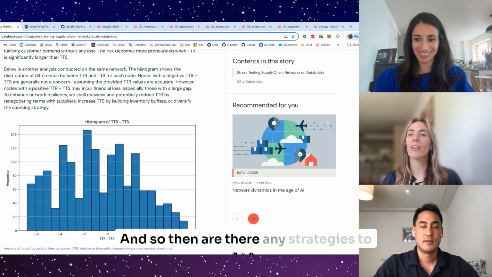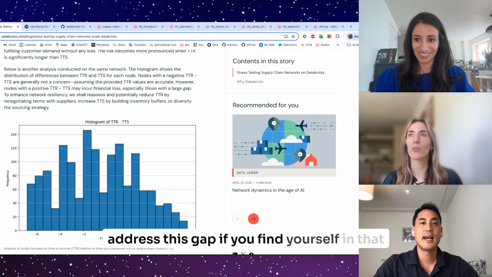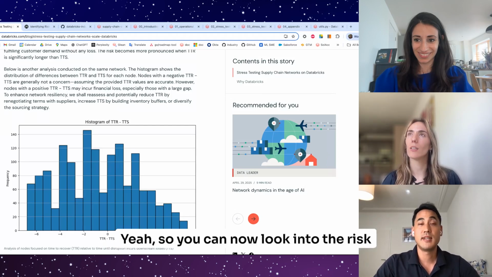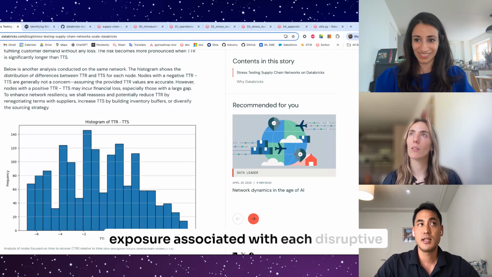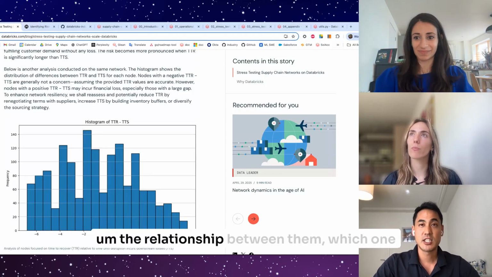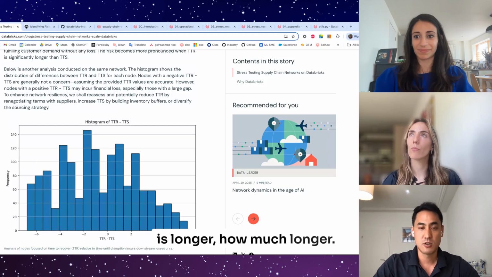And so then are there any strategies to address this gap if you find yourself in that situation? Yeah, so you can now look into the risk exposure associated with each disruptive scenario from TTS and TTR. The relationship between them, which one is longer, how much longer.